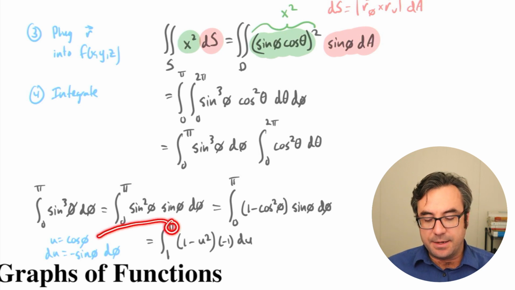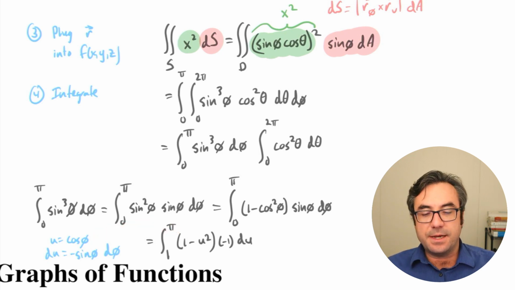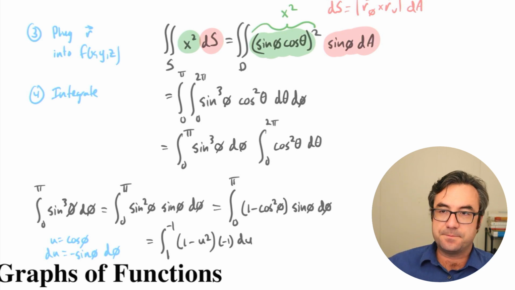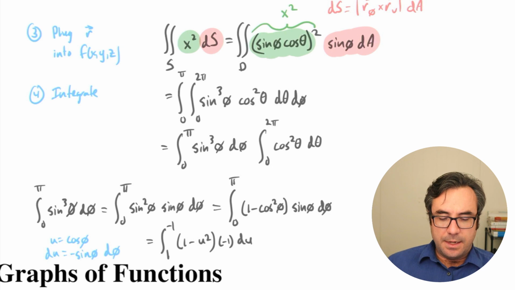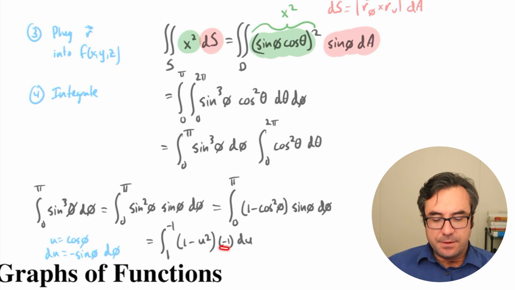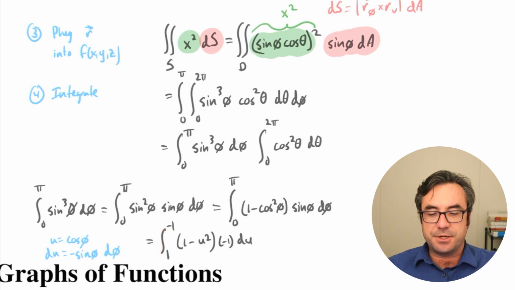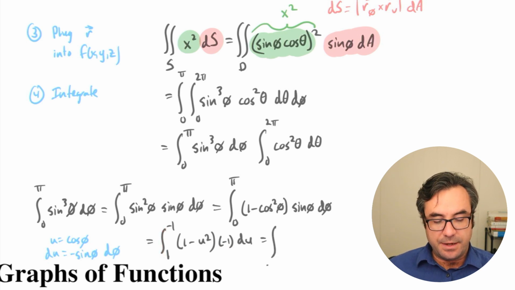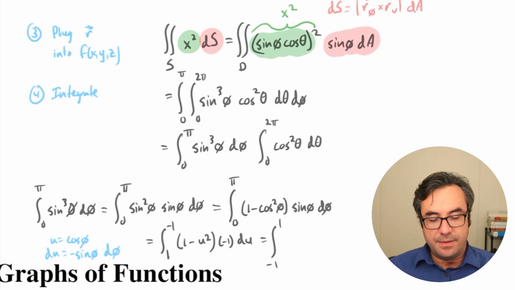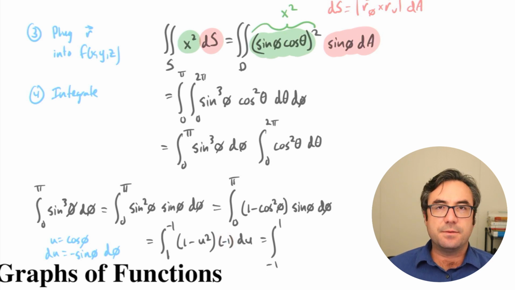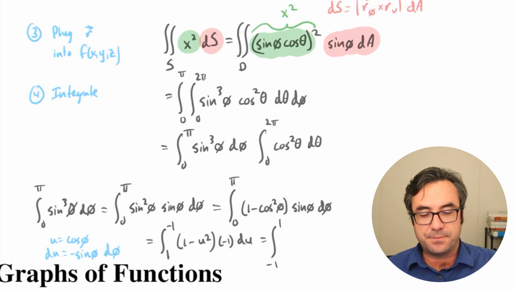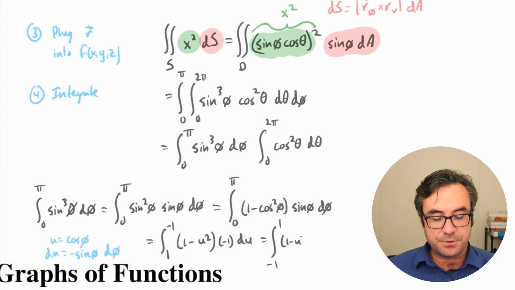When I plug pi into cosine, I end up with negative 1, so my upper limit is negative 1. Just to make this easy, rather than having this negative, I'm going to flip the limits of integration, so that will integrate from negative 1 to 1. When we flip the limits, the negative allows us to do that, so we end up with just 1 minus u squared.